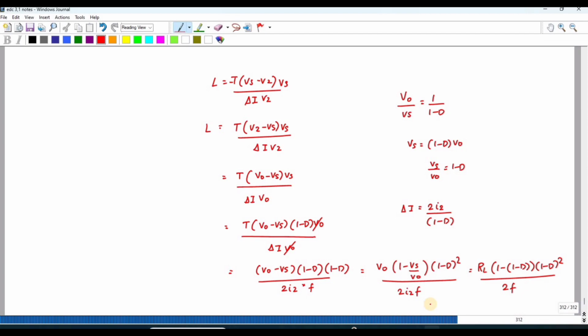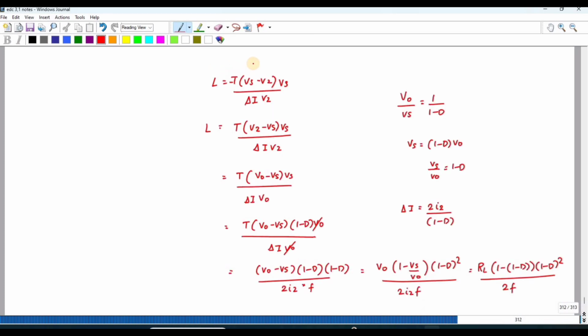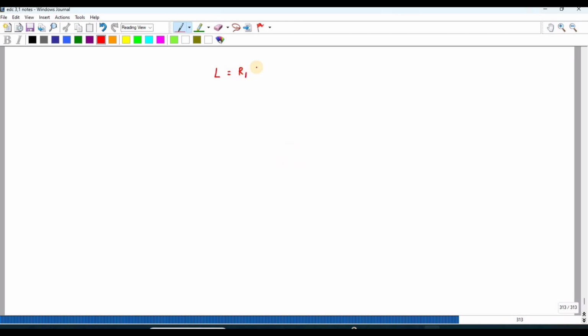So what is the value of L? L is equal to RL into 1 minus D the whole square into D divided by 2F.